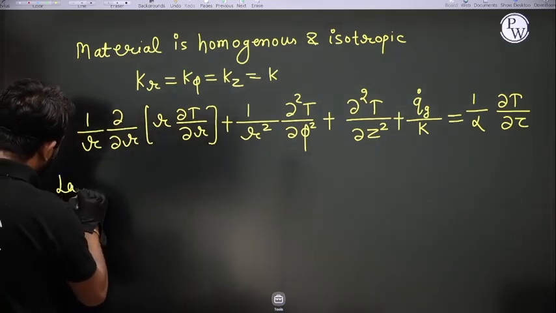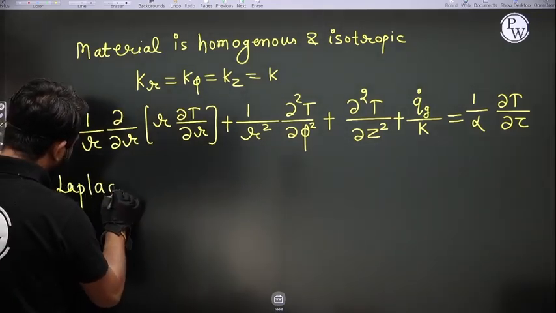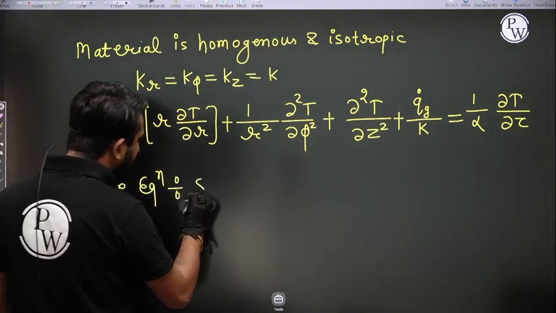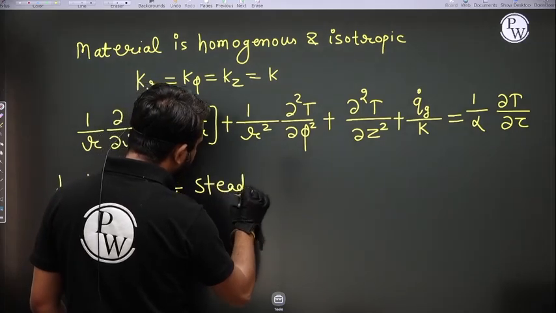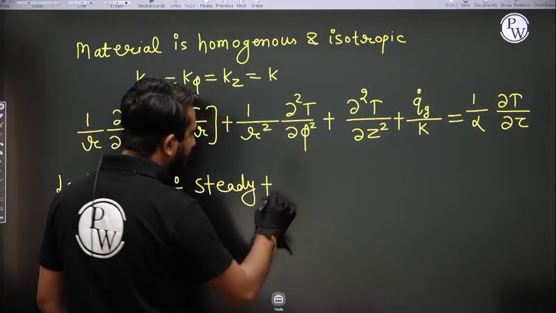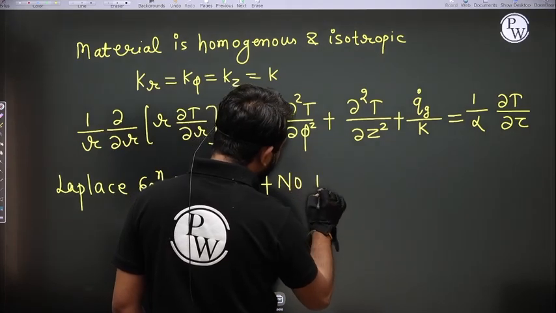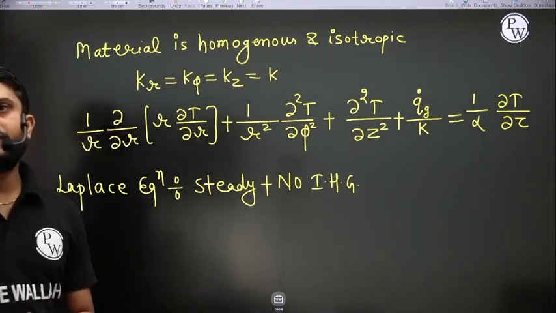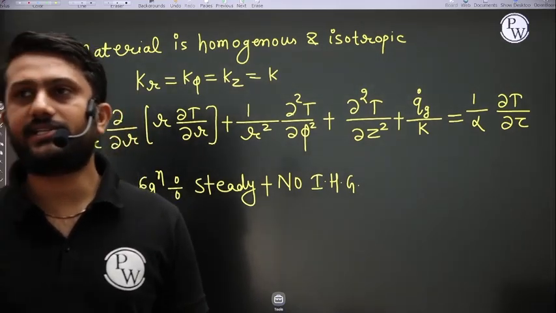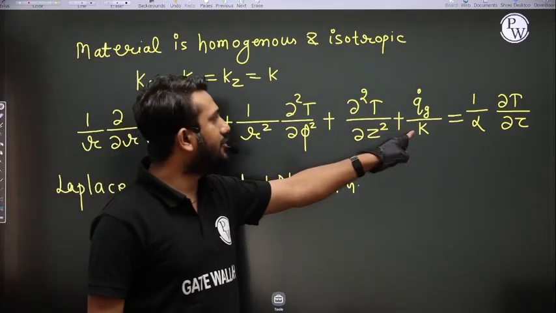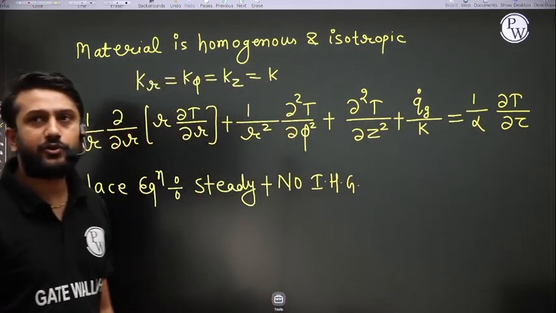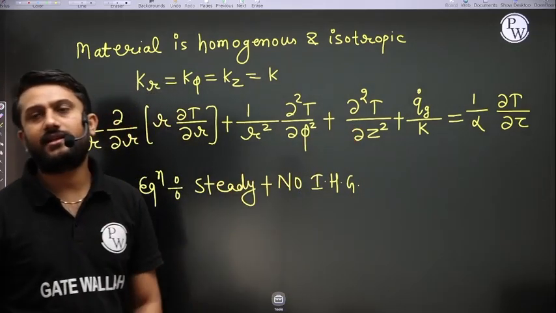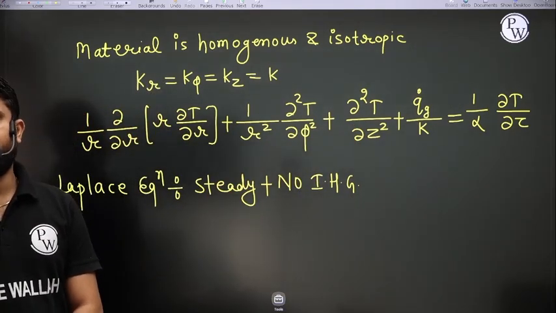The Laplace equation is steady state plus no internal heat generation. If steady state condition is maintained and there is no internal heat generation, that means this term is 0 and this term is 0. So ultimately this term plus this term plus this term is equal to 0, and that is the Laplace equation.